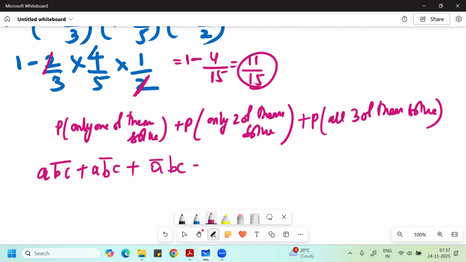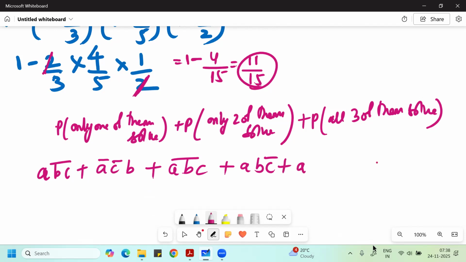Only one of them solving means A solves, B and C do not; or B solves, A and C do not; or C solves, A and B do not; or A and B solve, C does not; or B does not solve, A and C solve; or A does not solve, B and C solve; or all three of them solve.